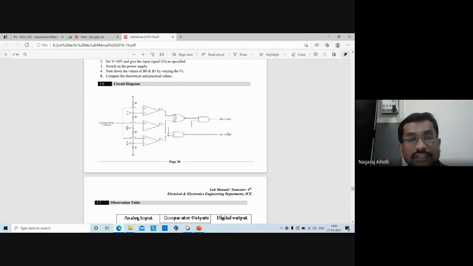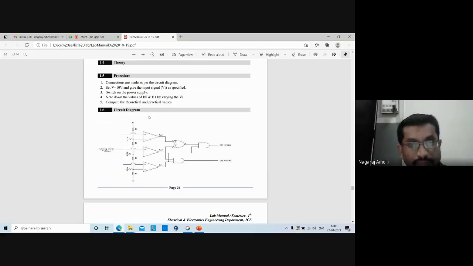How does it convert the analog input voltage that is applied to the digital output? Let us see that. So this is V/4, the reference voltage is here. At this point here, it is 2V/4 and it is 3V/4 here, and here we are having the reference voltage.